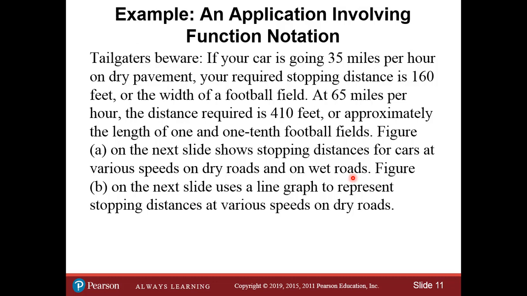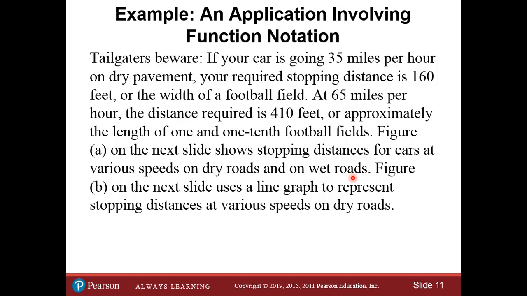Figure A on the next slide shows stopping distances for cars at various speeds on dry roads and on wet roads. Figure B uses a line graph to represent stopping distances at varying speeds on dry roads.